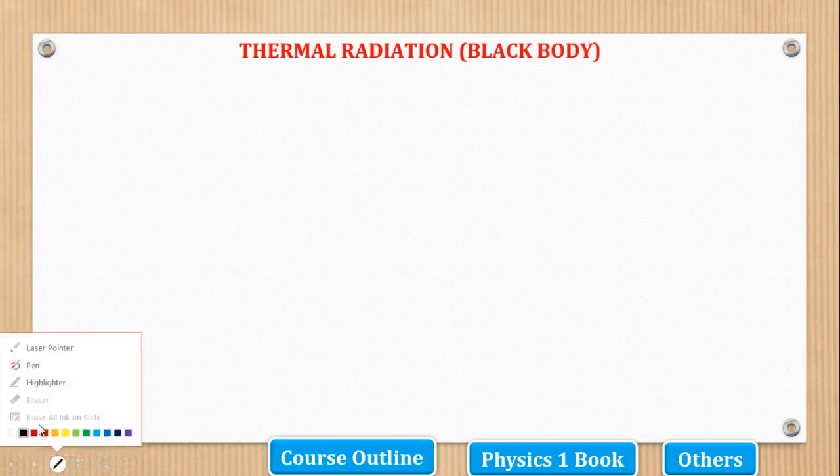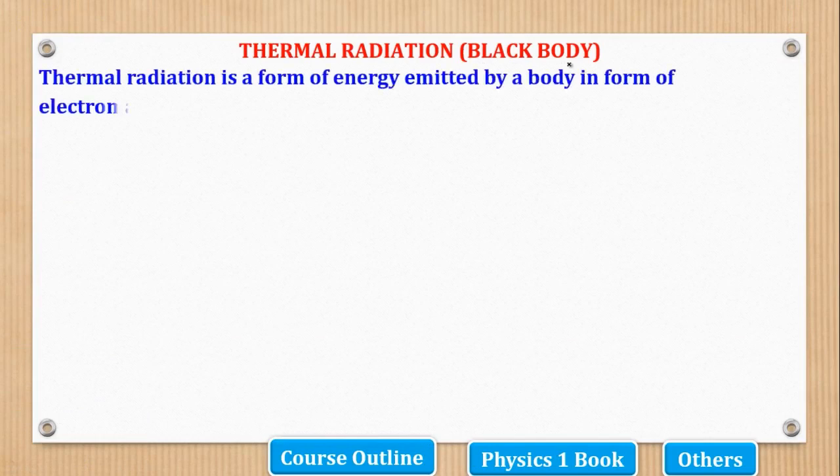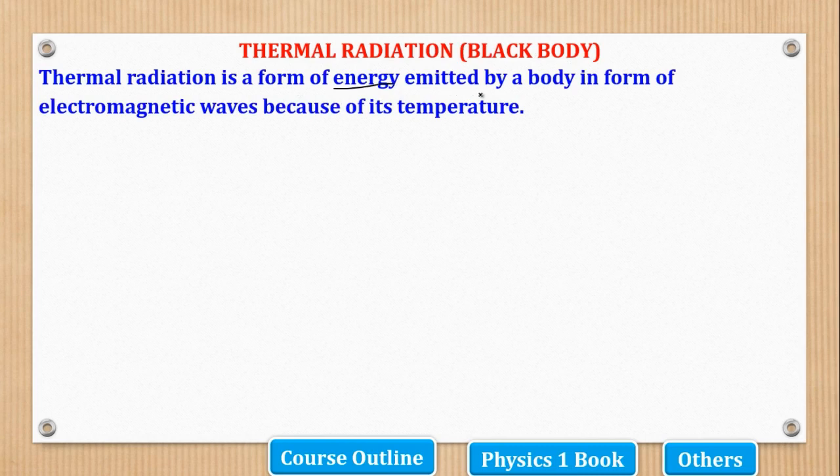Now we shall start our topic of thermal radiation, or what we call black body. We shall see what it means. Thermal radiation is a form of energy emitted by a body in form of electromagnetic waves because of its temperature.